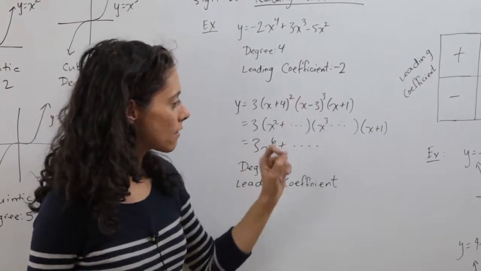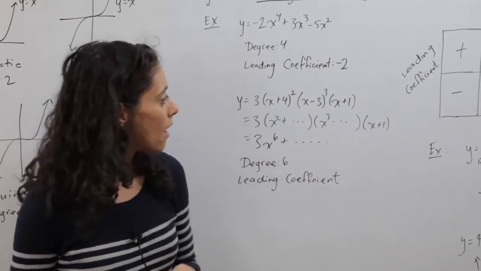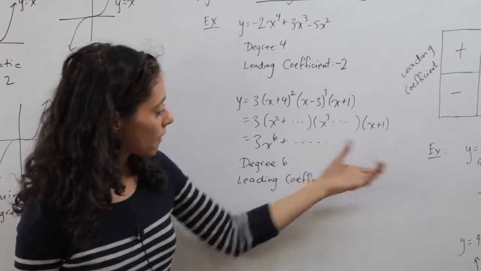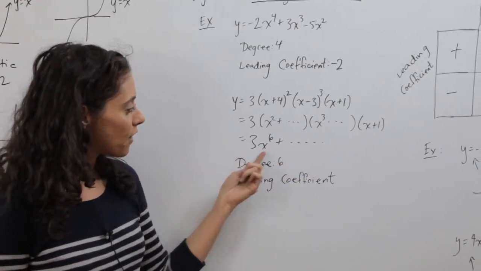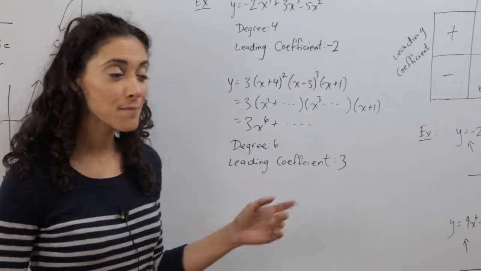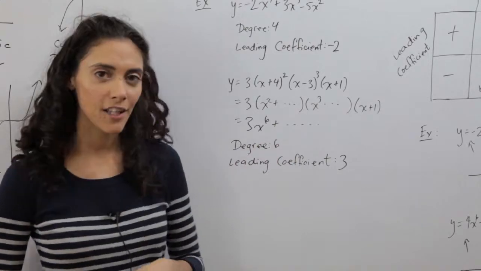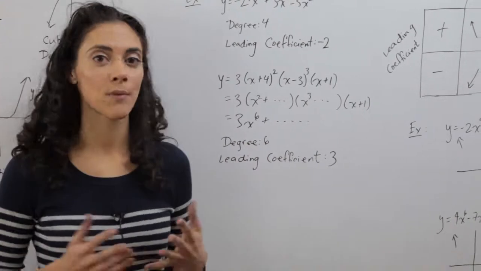If I cube this, I get some x cubed at the beginning, followed by some other terms. And then if I distribute some more, finally, we can see that the very first term is going to be 3x to the 6. So after simplifying, we see that this is a polynomial of degree 6 and leading coefficient 3.